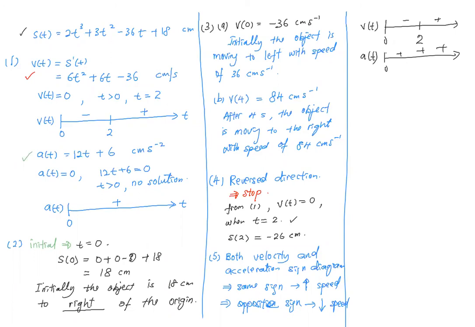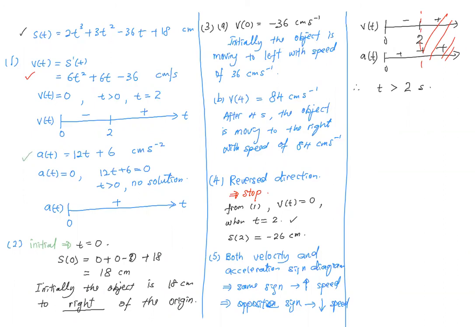So must be same sign. Same sign is this region, correct? So therefore, t greater than 2. So remember, for speed, you have to refer to both acceleration and velocity sign diagram.